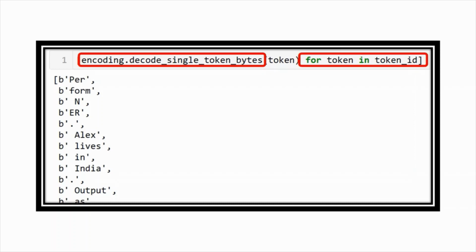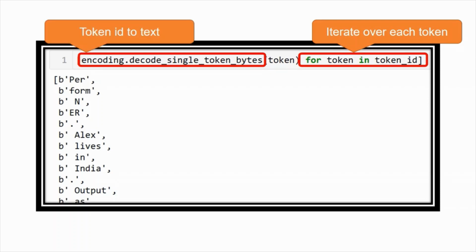It iterates over every token ID in the token ID list, and then it decodes each token using the decode_single_token_bytes function. By applying this code, you will get a list of tokens that were originally present in the input text before tokenization. Each token will be represented as a string.